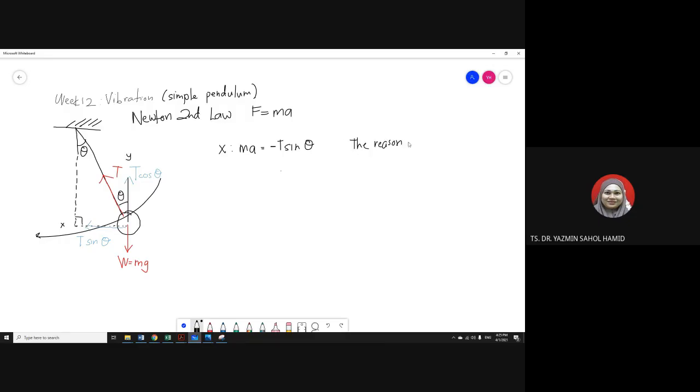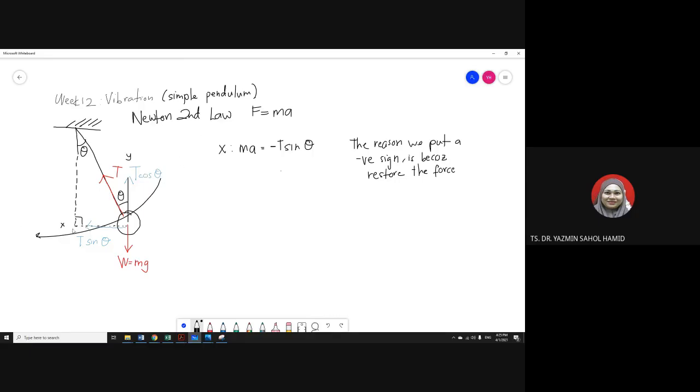Okay, the reason we put a negative sign is because kita nak restore the force. The force kan dia akan sway back and forth kan.